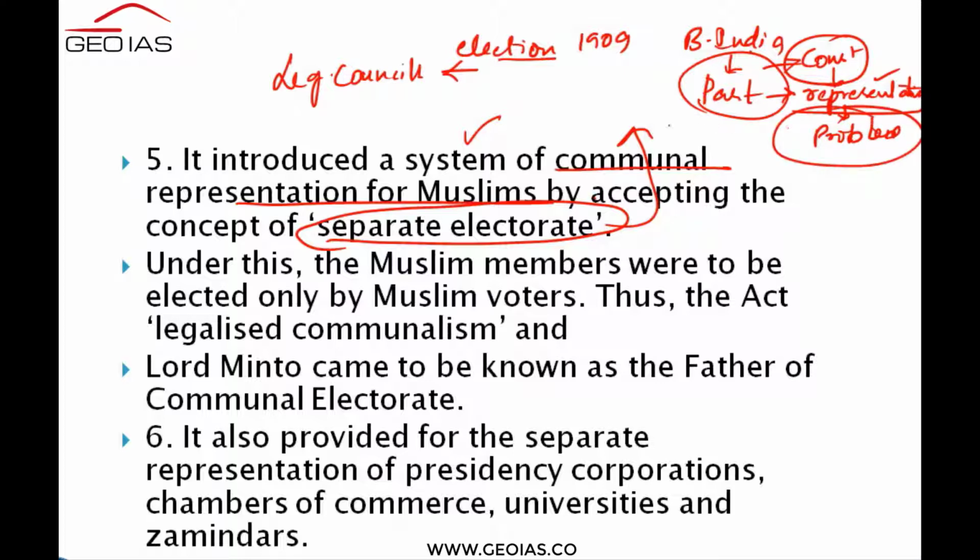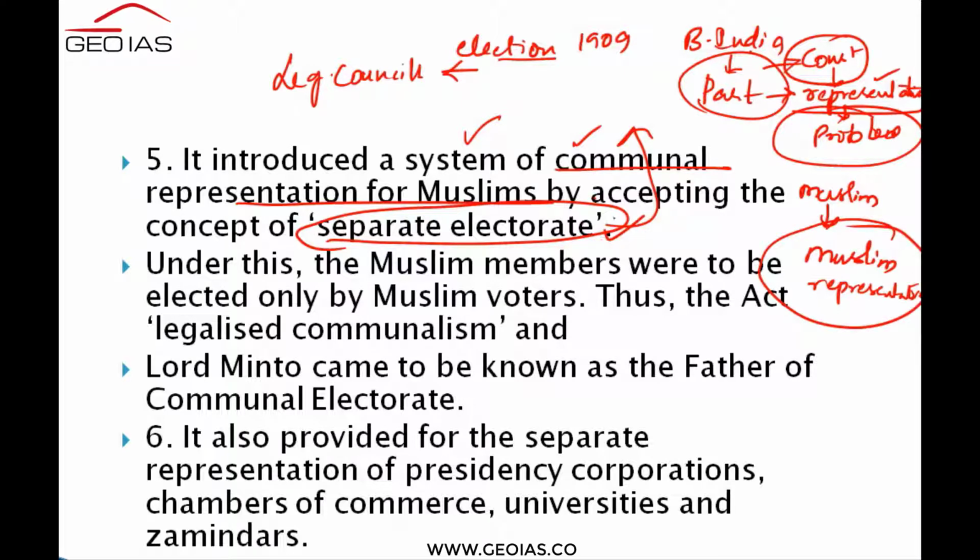So they started communal representation for the Muslims. In Muslim majority regions, all the Muslims would elect only a Muslim representative. So Muslims were given the chance of electing their own representatives through this act. It is known as separate electorate.